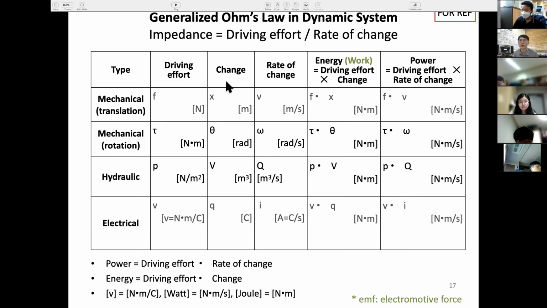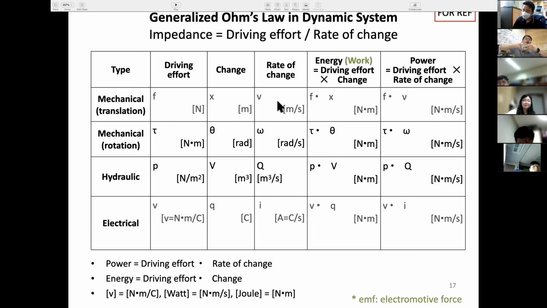So here, what I want to emphasize is, let's say in a mechanical system, I give a force to change the location or displacement. Then the driving effort is force, and the change is the displacement. And the rate of change, of course, is velocity.